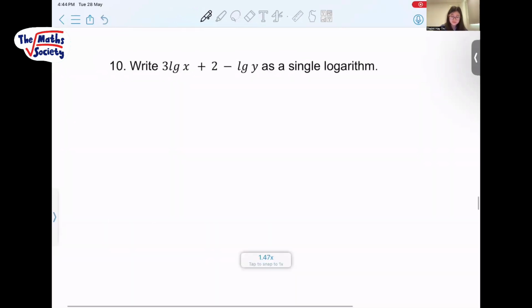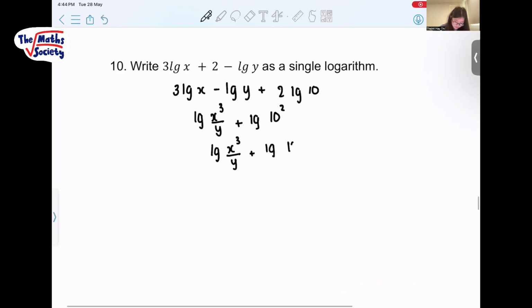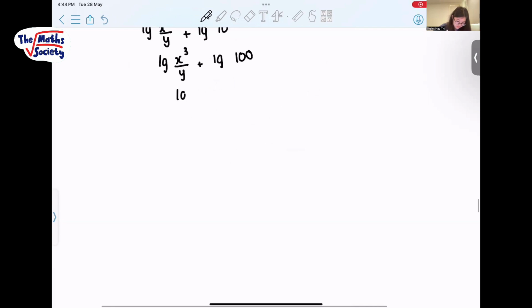Okay, so now we're on to question 10. So we have 3 lg x plus 2 minus lg y. So we know we can make the same bases. So I have 3 lg x minus lg y plus 2 lg 10. Then we can do lg x cubed by y plus lg 10 squared, which is 100, plus lg 800.